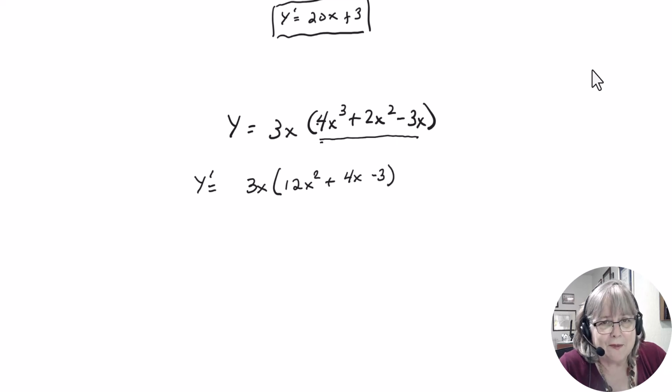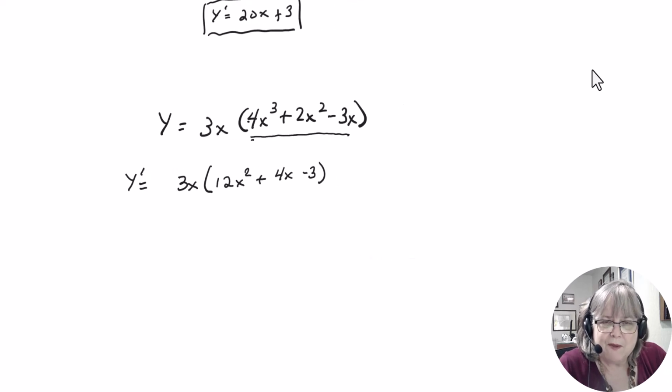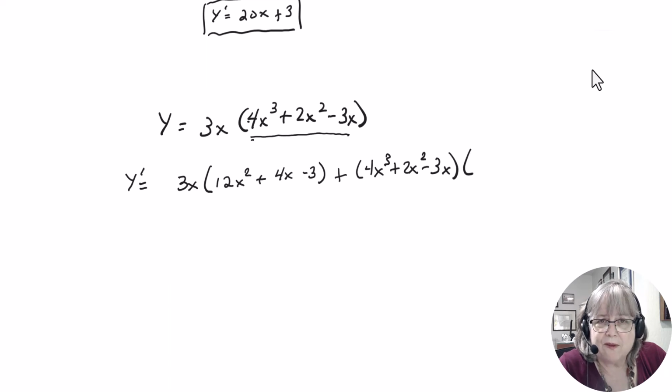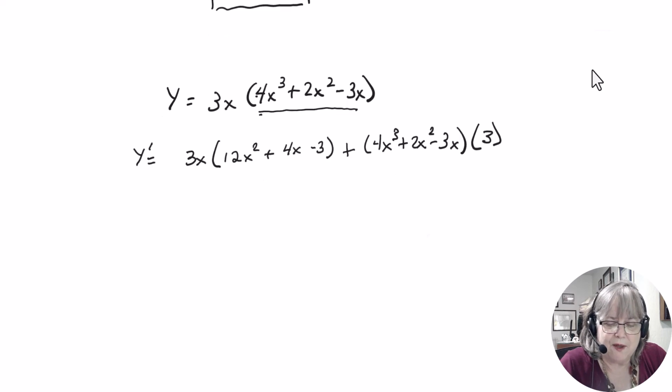Now I skipped a step or two on there from the last video, but you should have been practicing problems, and so I bet you're doing this already in your head. And if not, just go over to the side and work it out. You can always pause this video. Plus the second times the derivative of the first, which would be 3, because the derivative of 3x is 3.